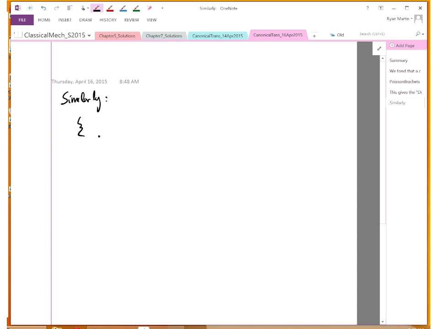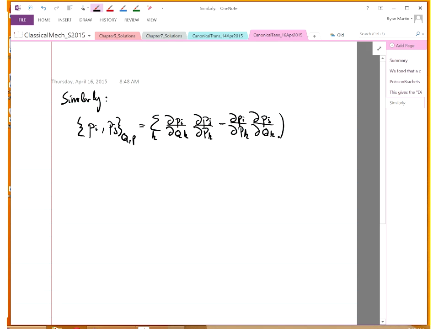I can evaluate the Poisson bracket of lowercase pi with lowercase pj in the new transformed coordinates Q and P. So that means I have to do the sum over k of ∂pi by ∂capital Qk times ∂pj by ∂capital Pk, minus the other way around: ∂pi by ∂capital Pk times ∂pj by ∂capital Qk.